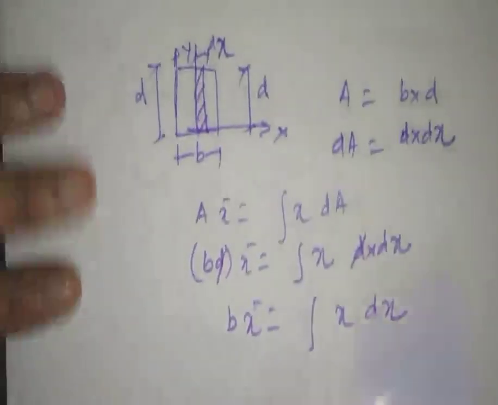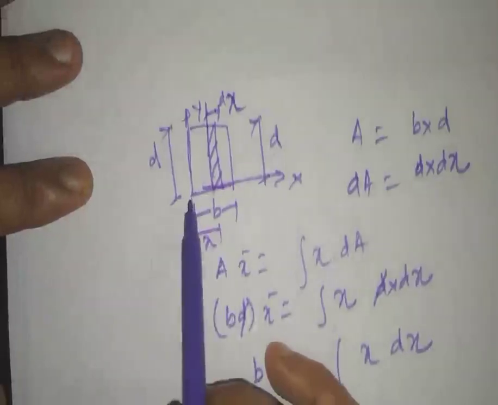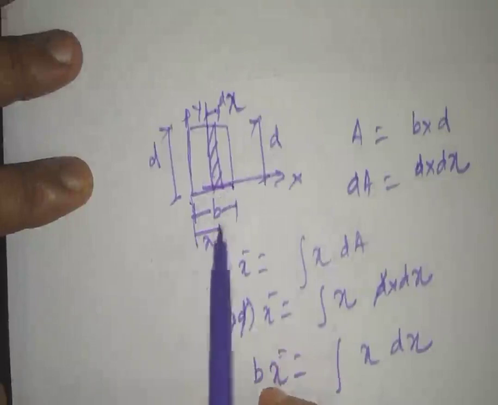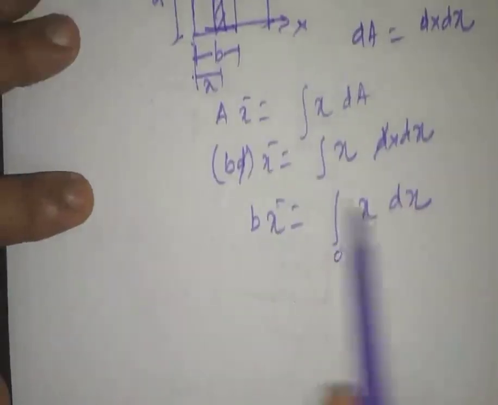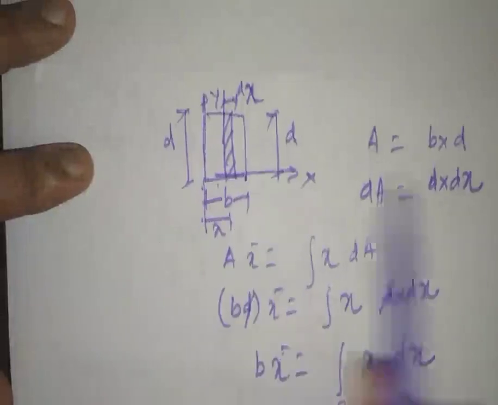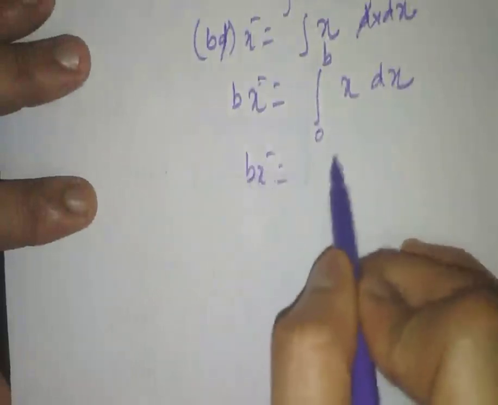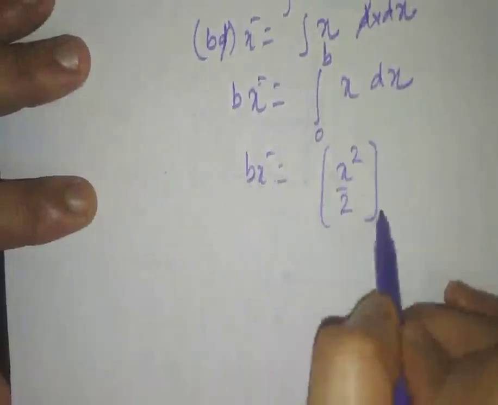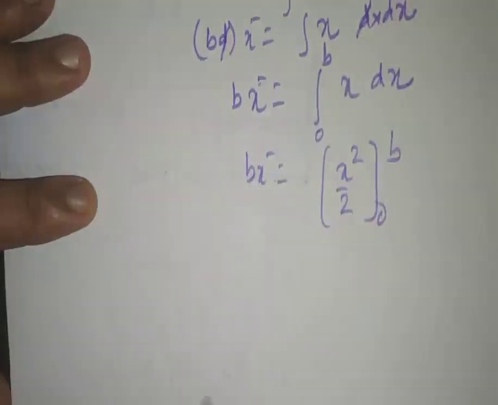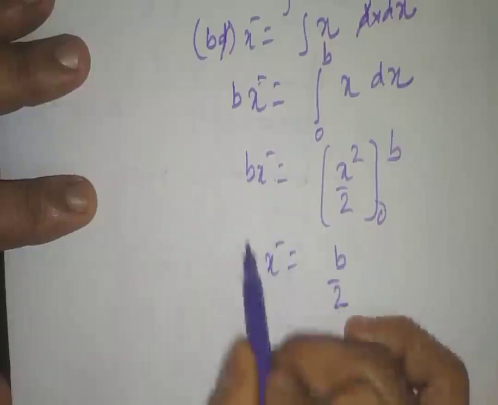What will be the value of x now? x starts from the origin O, where x value is 0, and when it reaches the right hand side fiber, x value will be b, so 0 to b. So b into x bar is equal to the integration of x, which is x square by 2, from 0 to b. So x bar will be equal to b by 2.